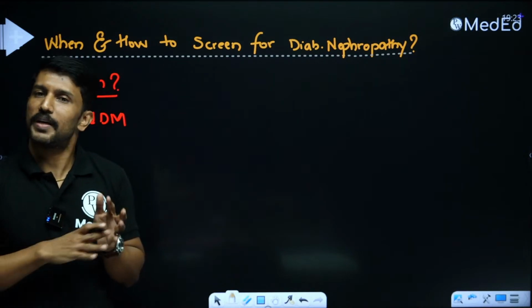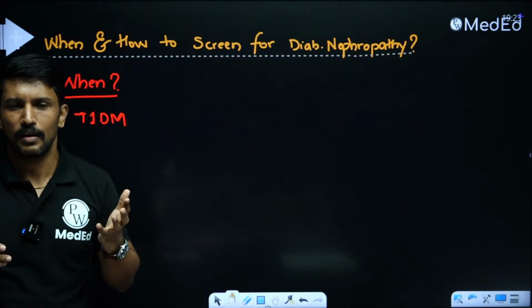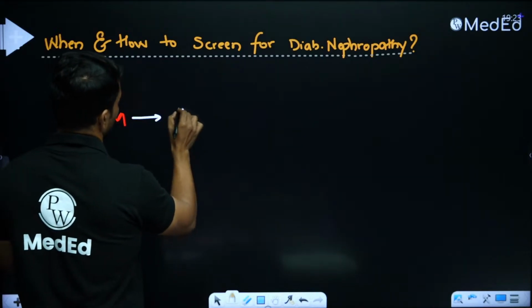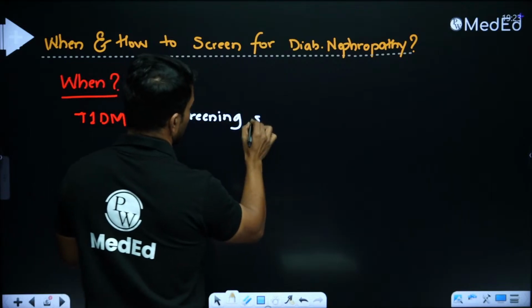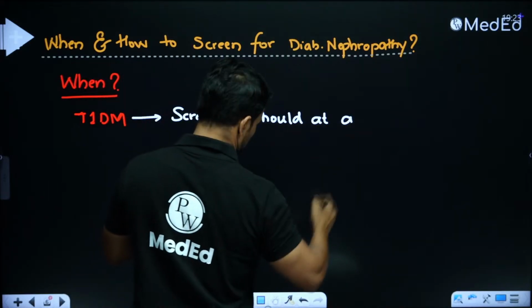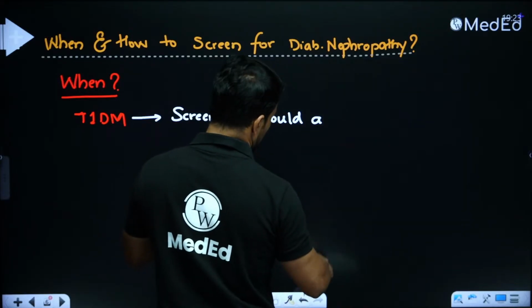So they wouldn't have spent years together before the diagnosis. They would have spent days to months before the onset of diabetes. So that is why the screening should start 5 years after the diagnosis.